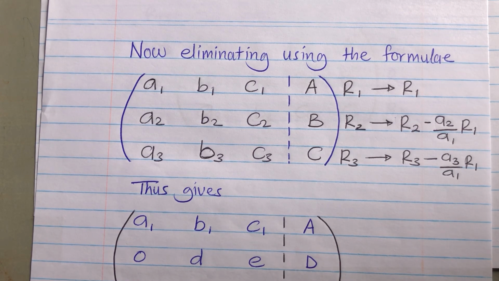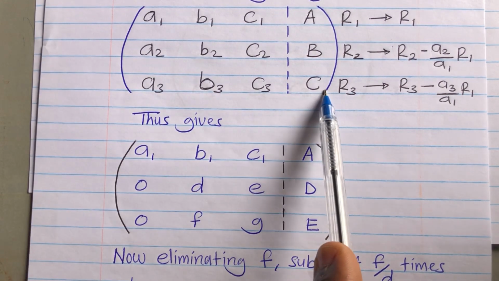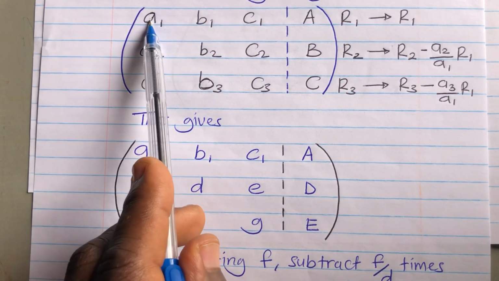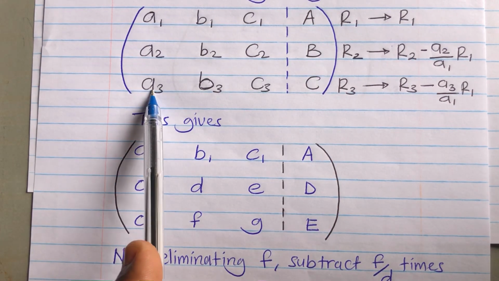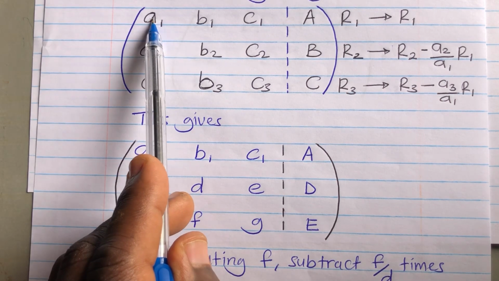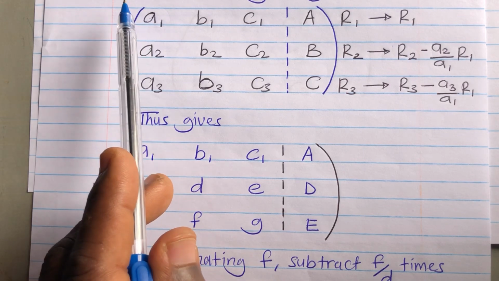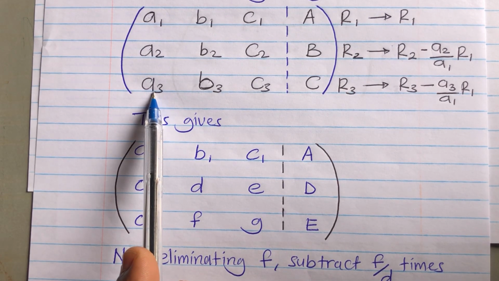As we shall see in examples, the same applies to A3. We shall say row 3 minus A3 over A1 times row 1. Meaning, if I'm to eliminate this to 0, I'll get this over that times this, and subtract it from that to get a 0 here, as we shall see in our examples.